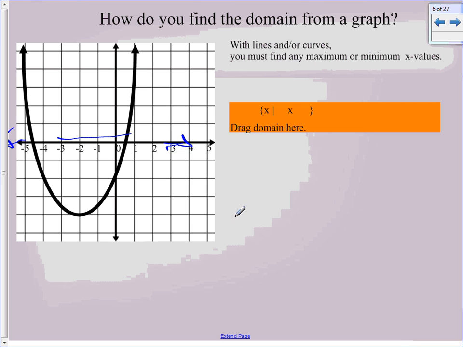At the top. So it looks like it's at -5, right? Yeah. What about here? 1. So I would write it as -5 is less than or equal to x, which is less than or equal to 1. Okay?